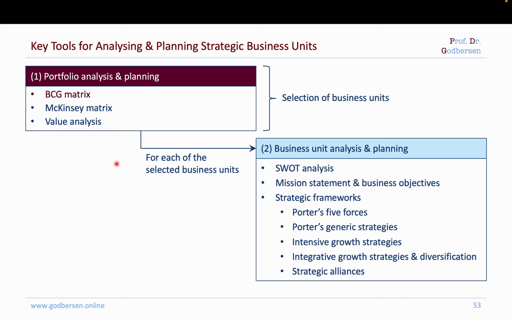Here, I would like to focus on the BCG matrix and with it the product life cycle to explain what is of importance and what you have to look for in international business and international marketing.